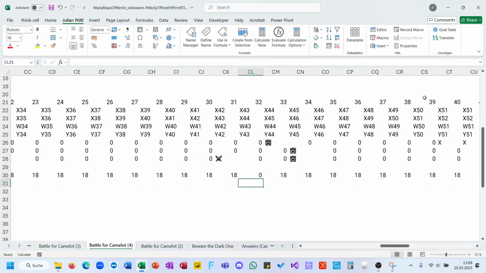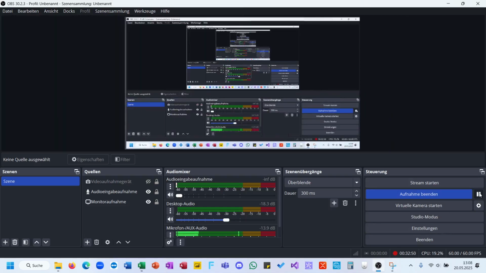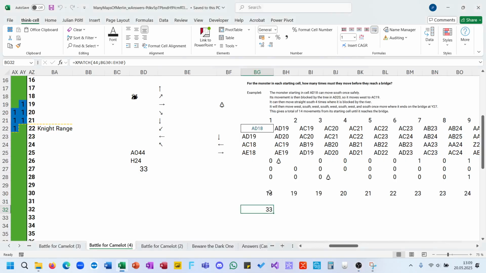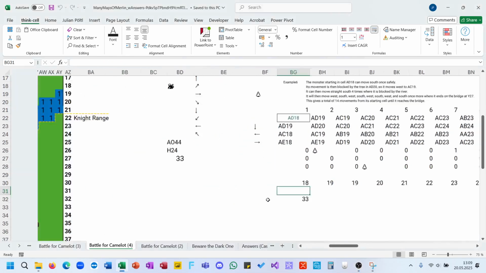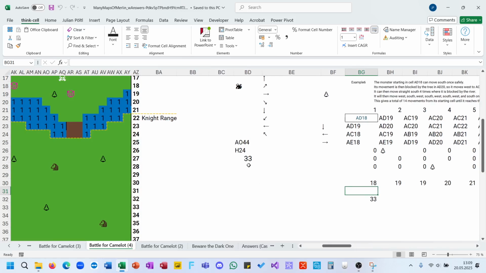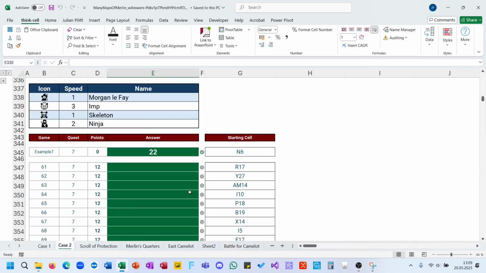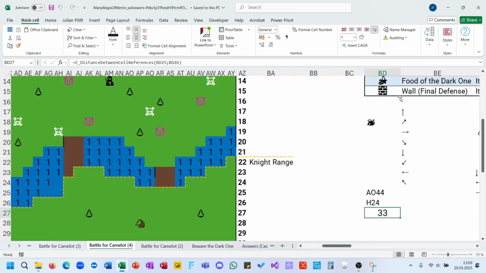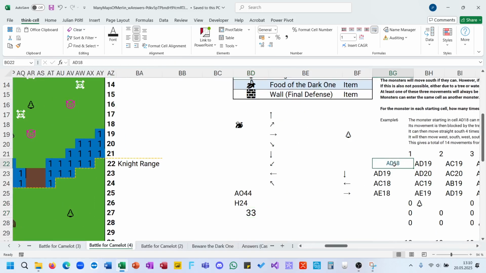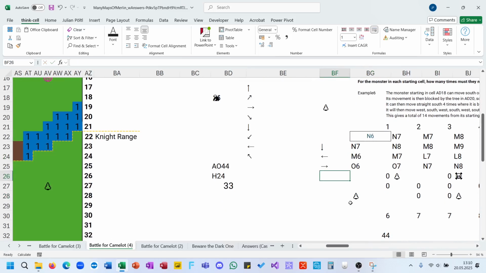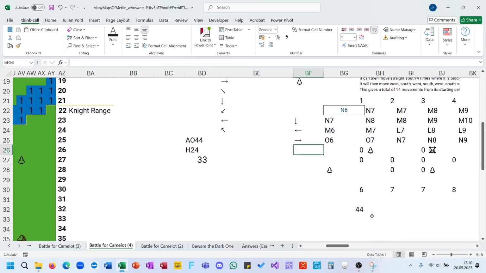Okay, the trick is to close Excel and all Excel instances. I'm here at 33, but I'm starting in the wrong cell. So N6 is my start cell. Let's test this. N6. Is this still?